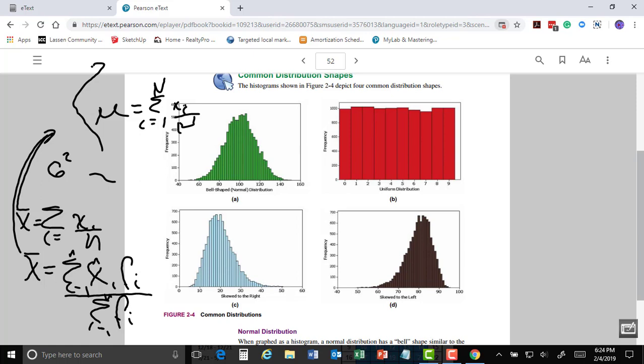And this should be okay too, because the sigma squared is going to be equal to summation, right? Over the whole population to capital N. Yes?